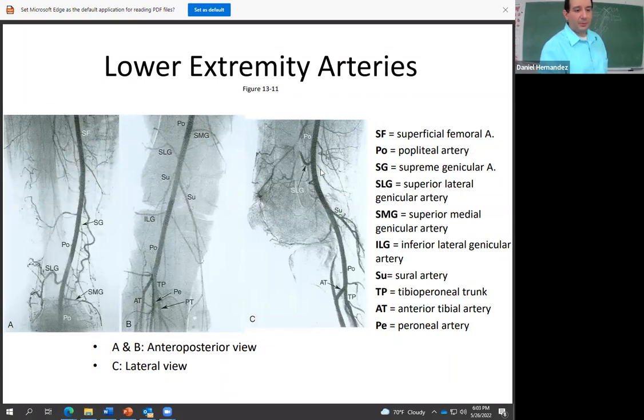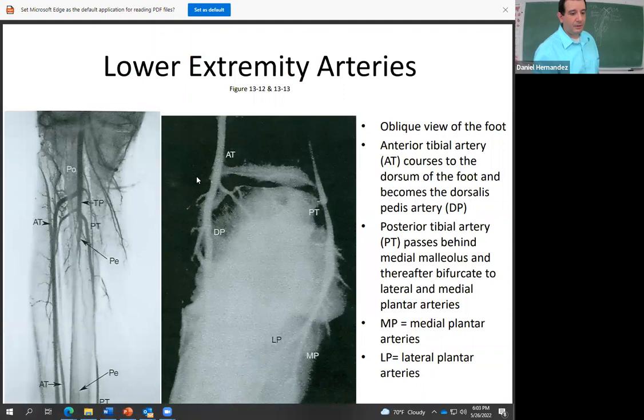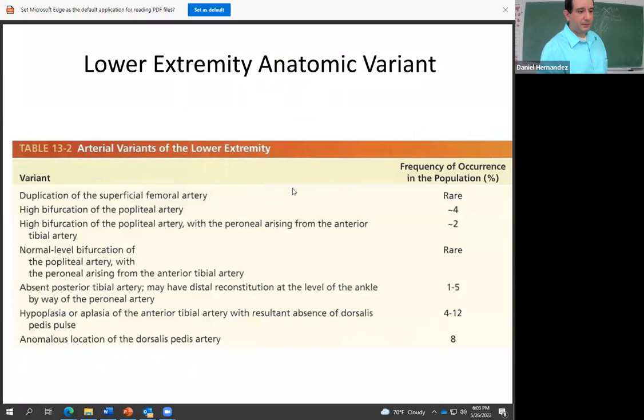So really, when you're doing these ultrasound examinations, these aren't things that you're going to necessarily be interrogating. So this is just an oblique view from the foot. So just know that there are still some anatomical variants that can occur also in the lower extremity itself.